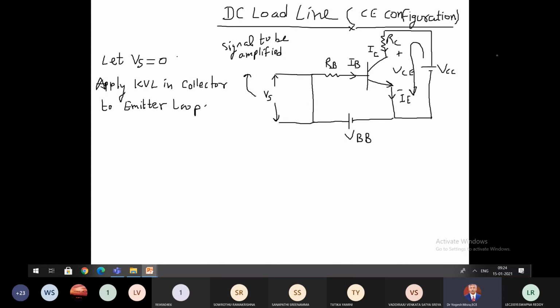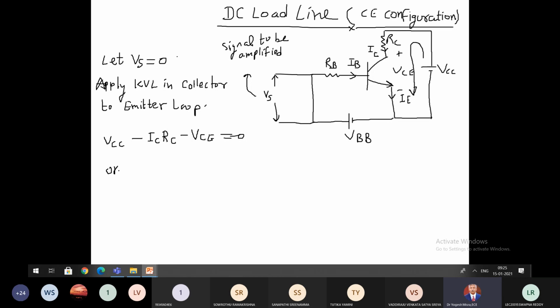So what we will get, if we move in anti-clockwise direction, then we will get VCC minus voltage across RC, that will be minus IC RC, minus VCE is equal to 0, right?